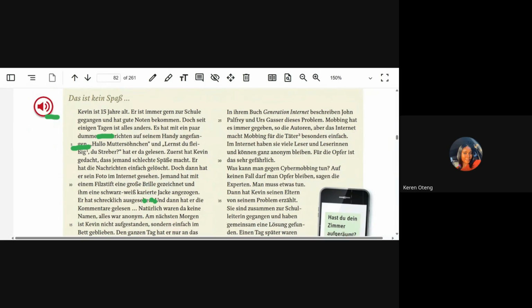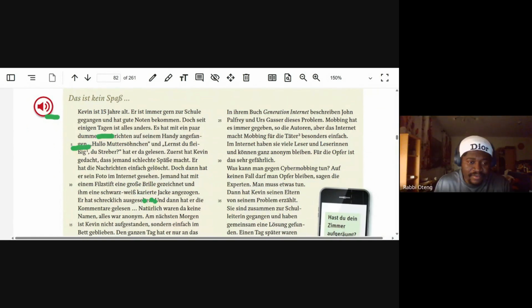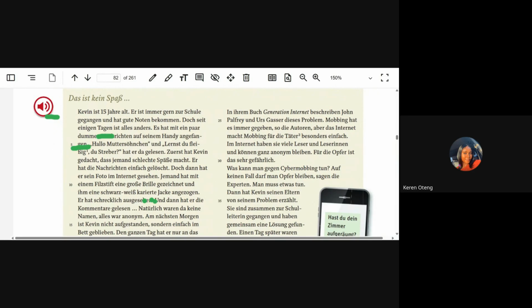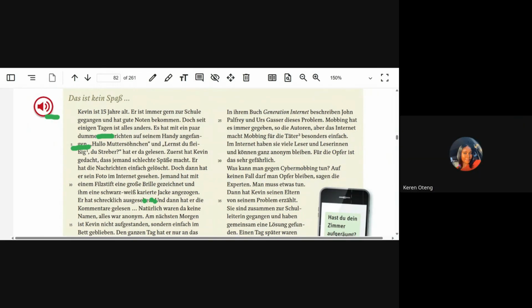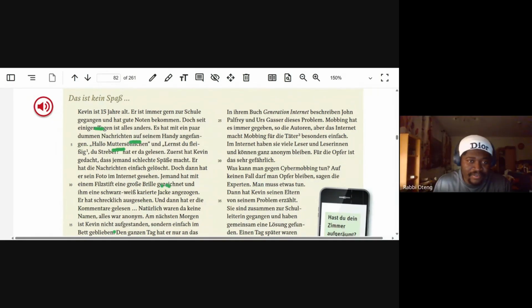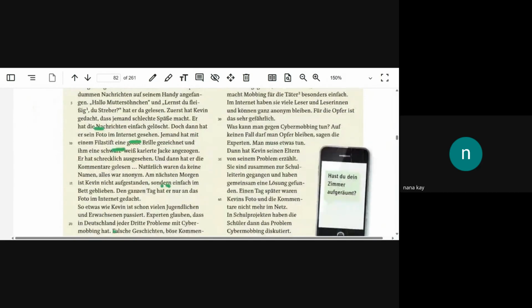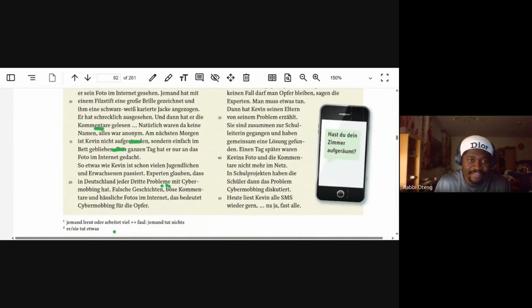Am nächsten Morgen ist Kevin nicht aufgestanden, sondern einfach im Bett geblieben. Den ganzen Tag hat er an das Foto im Internet gedacht.